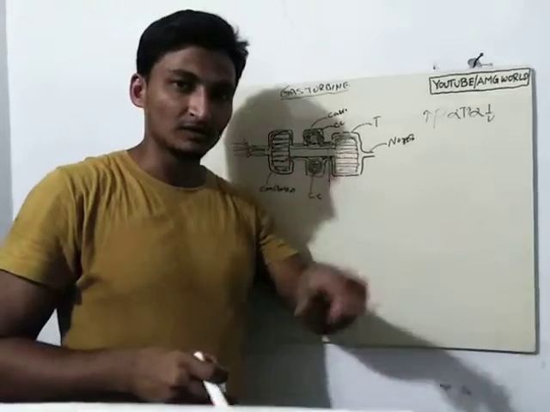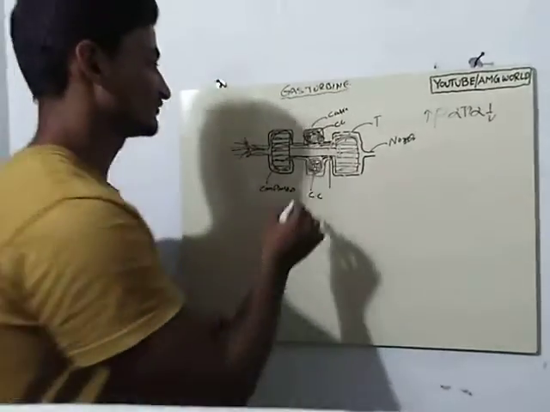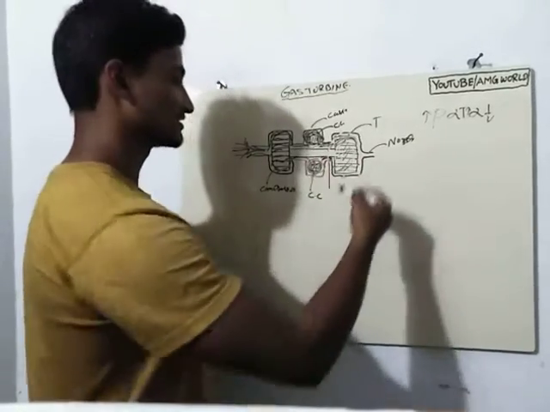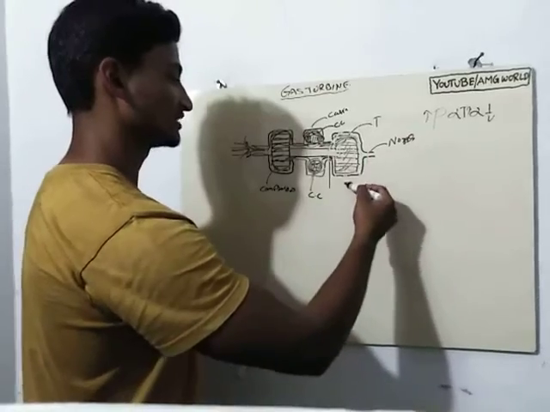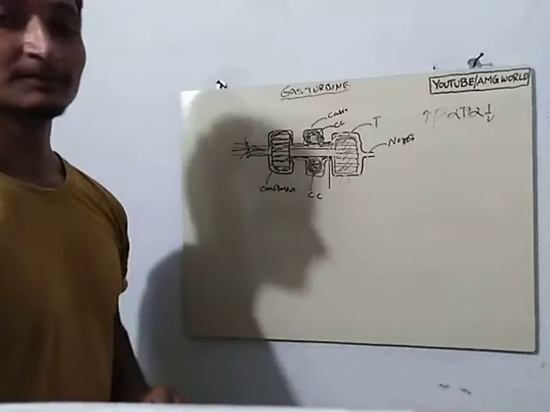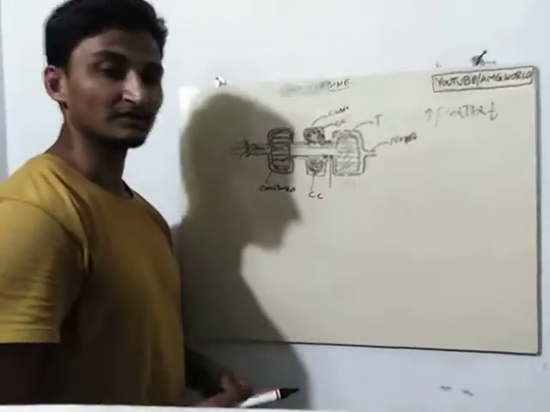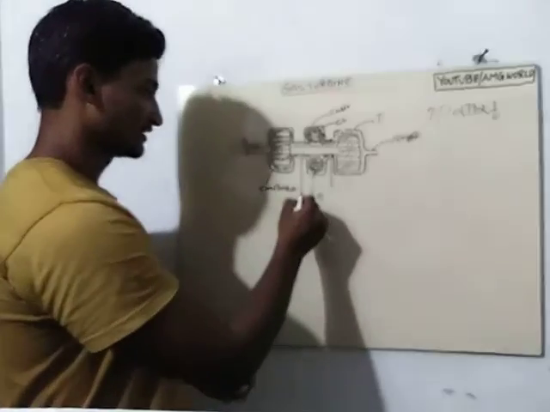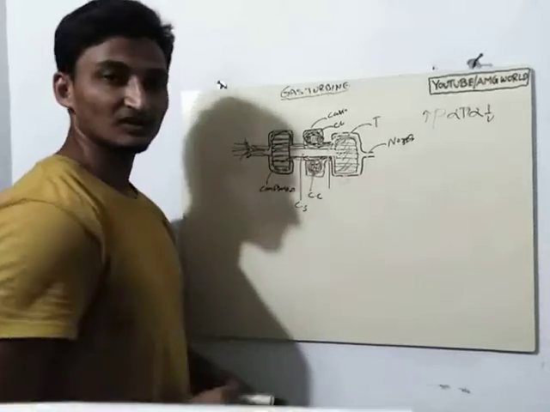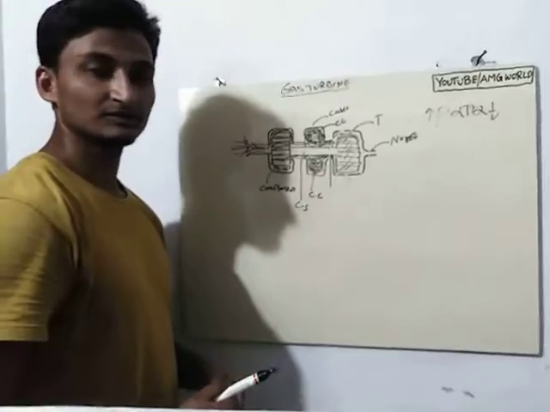We have fins on the very surface of this turbine section. So when flue gases hit these fins of the turbine section, the turbine starts to rotate, and the turbine section and compressor section are connected via the same shaft. They are rigidly mounted on this shaft. This is the connecting shaft, and here we have some oil galleries for lubricating this rotating shaft.